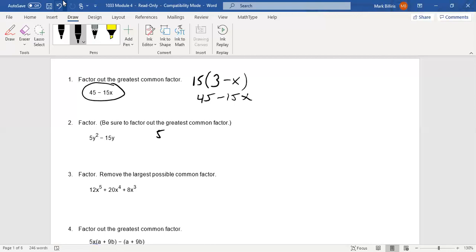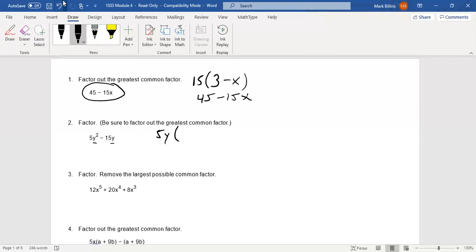Now, since both terms have a y factor, we're going to take out a y. We always take out, if it's common to all the terms, the one with the smallest exponent. So here we have y to the second, and here we have y to the first. So the one with the smallest exponent is y to the first. So we take out a y to the first. So our greatest common factor is just 5y.